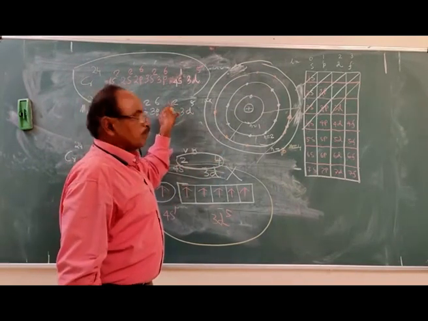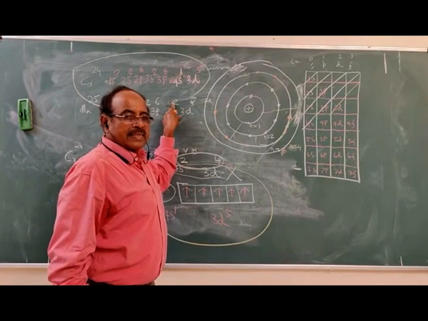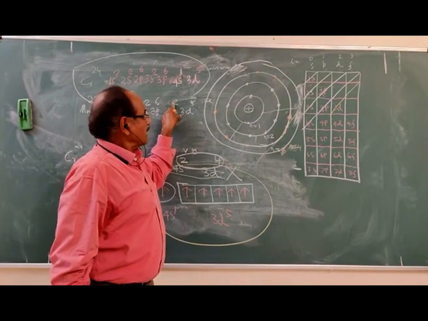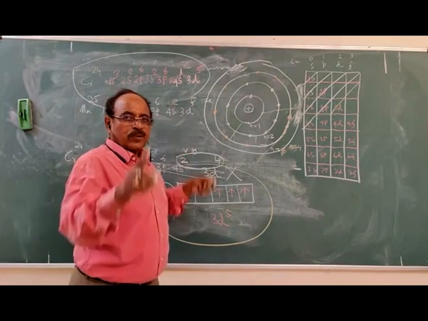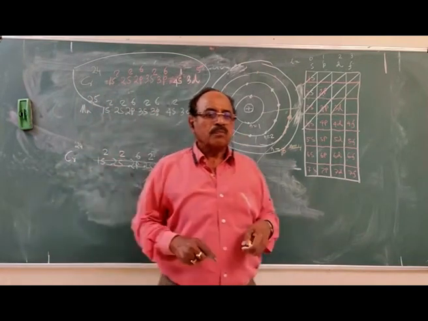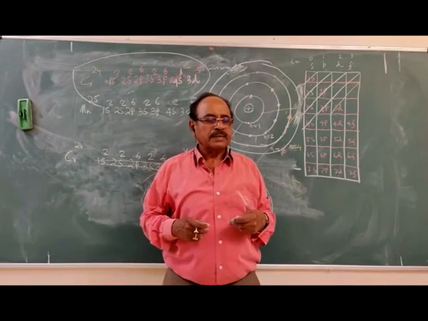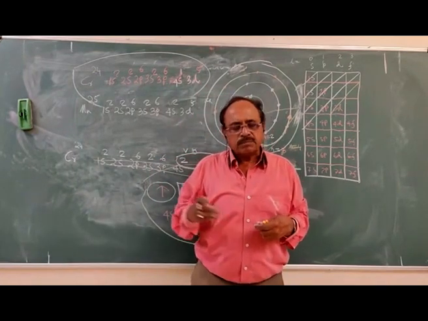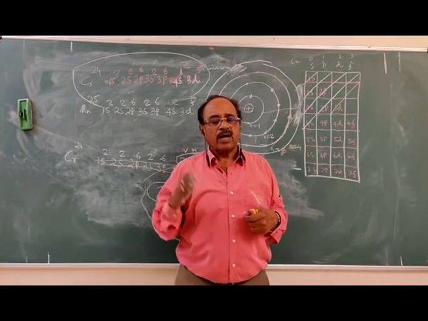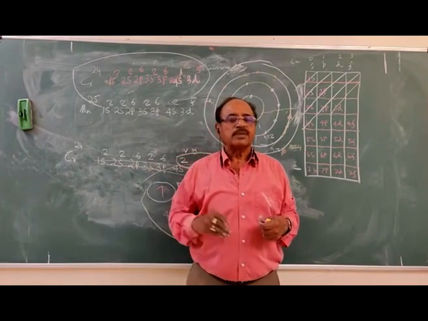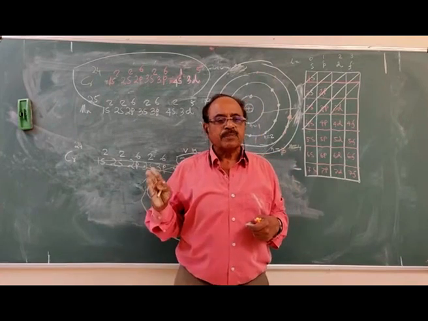Why? By this it is completely filled. By this it is half filled. This is stable. This is stable. I told you in Hund's rule, the electrons are filled up into the available orbitals such that there is the maximum number of unpaired electrons having the same direction of spin.